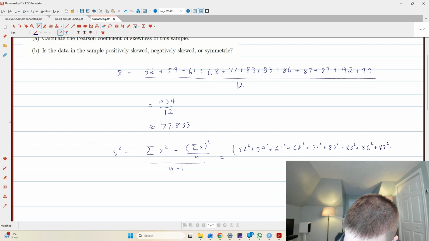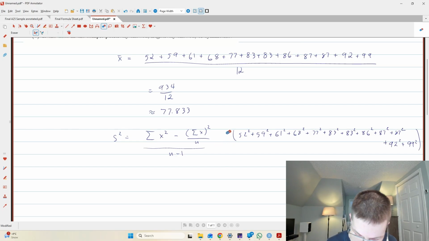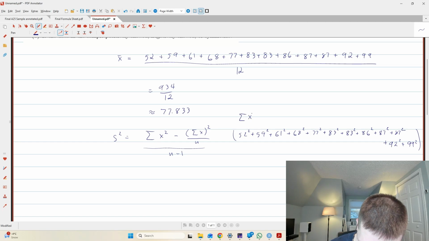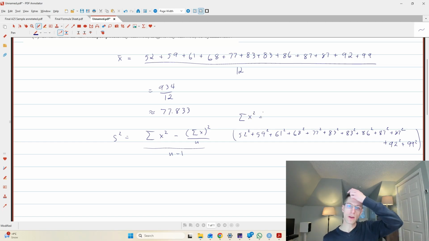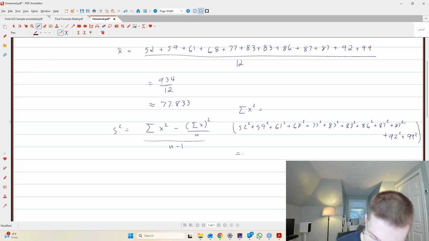You just got to be careful with what you're entering. 92 squared plus 99 squared. I'm going to do it in separate pieces, just so that I can fit it on the line. So if I put that in my calculator, what's that going to give me? 75,036.